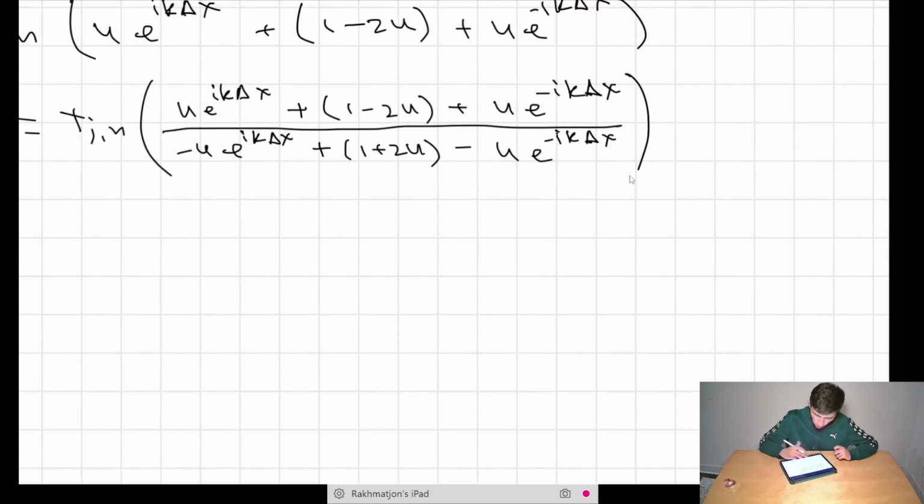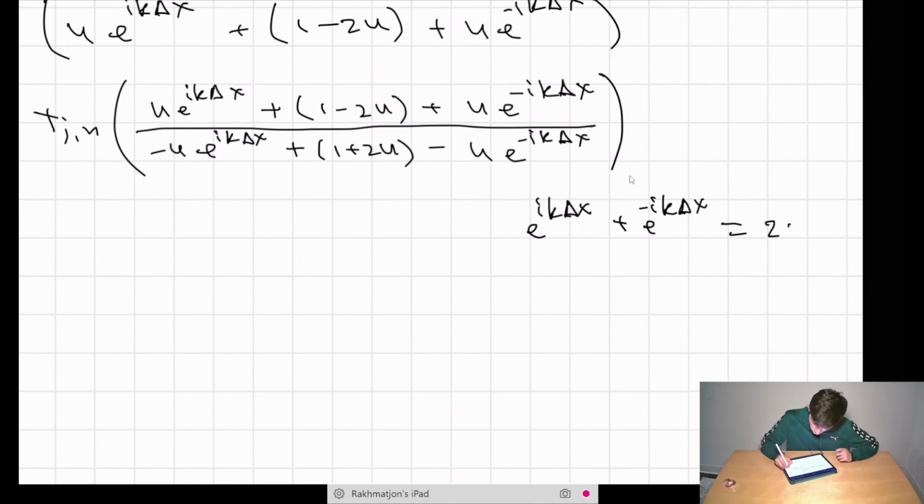We also know that e to the i k delta x plus e to the negative i k delta x is going to become 2 cosine of k delta x.